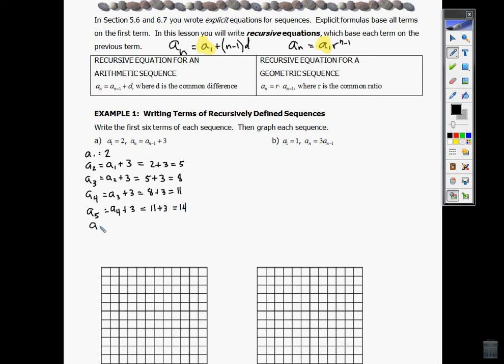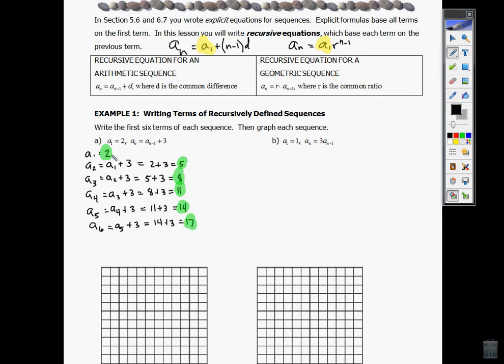And lastly, a sub 6, which is going to equal a sub 6 minus 1, which is a sub 5, plus the common difference of 3, which will equal 14 plus 3, which equals 17. Okay, so if I go down and I'm looking at all of my solutions, the first term is a 2, second term 5, 8, 11, 14, 17.